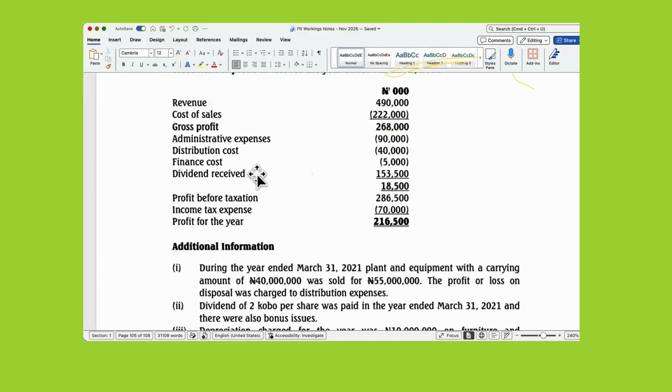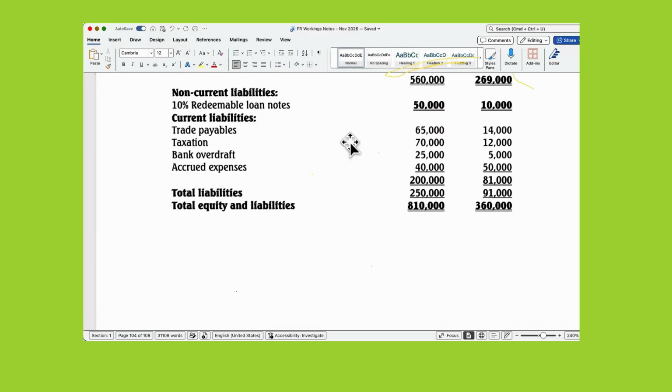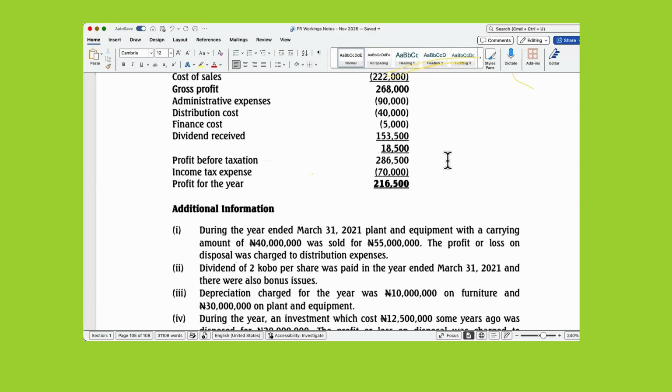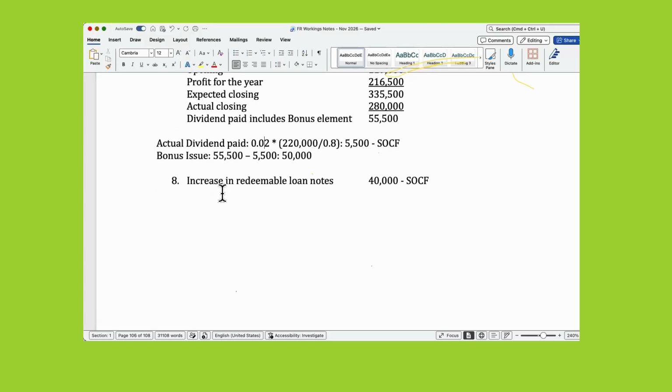After the redeemable loan notes, the next one is trade payables. This increased by, this should be 51. So the increase in payables, that's not 9. Over time, you are going to understand that this usually is deducted from cost of sales in the statement of cash flows.